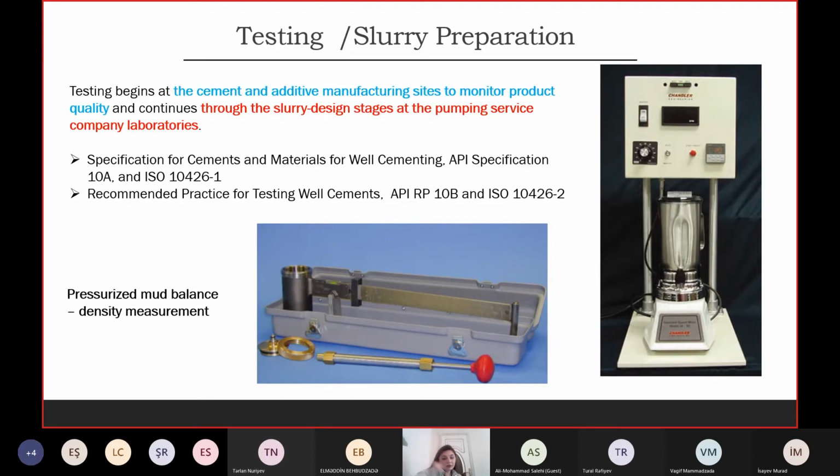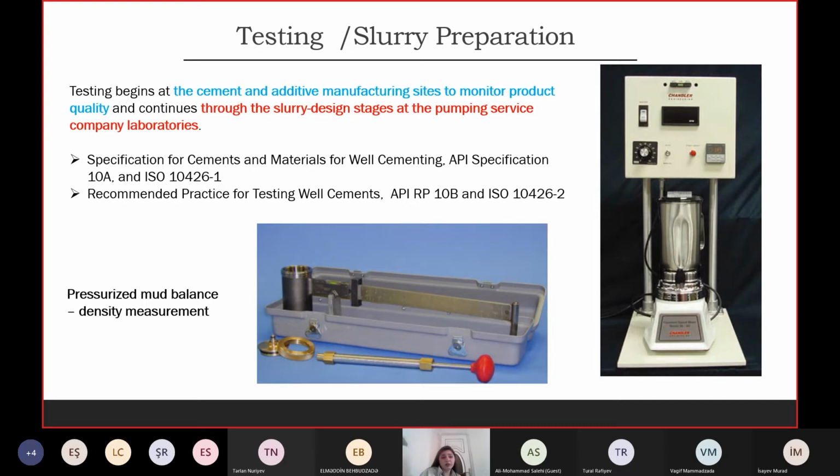When you complete your pressure, you take it. You see here there is a balance, and you place this tool on it, like a usual balance, right? You try to balance it with this small weight, and it will show you the exact density.